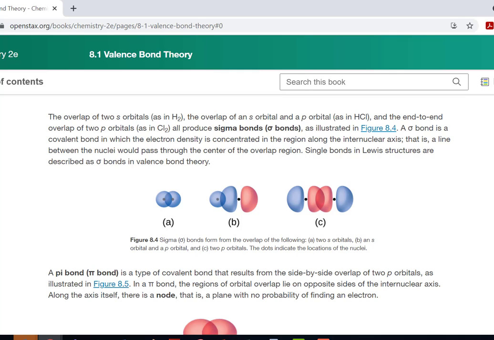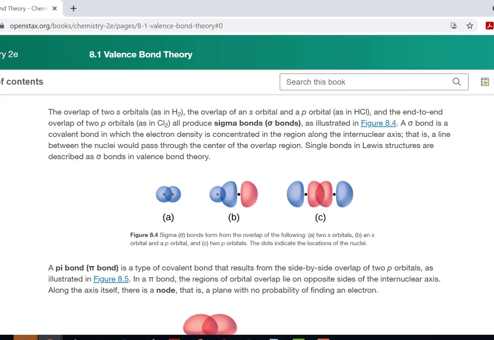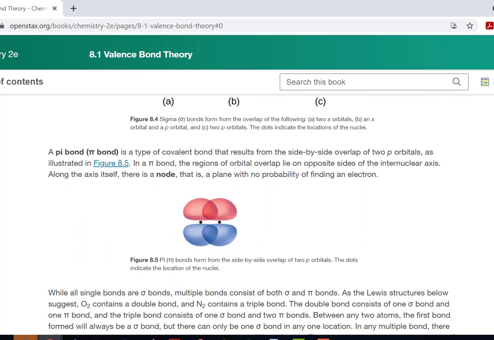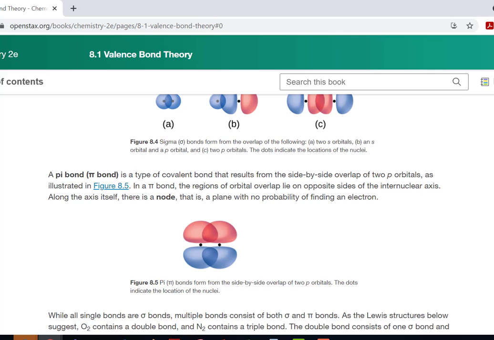The other type of bonding we'll talk about here are what are called pi bonds. And these happen from not an in-between, but a side-by-side overlap. And these will not occur for s orbitals, they will occur for p orbitals. So here we're showing what that could look like.